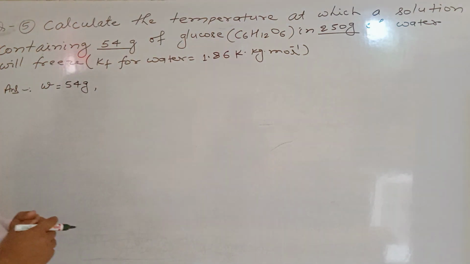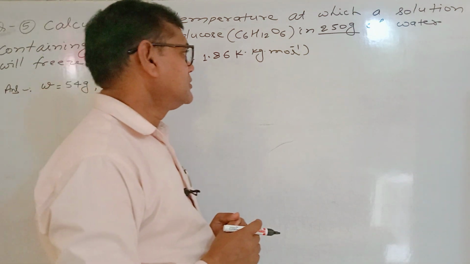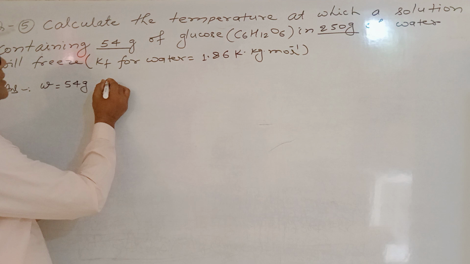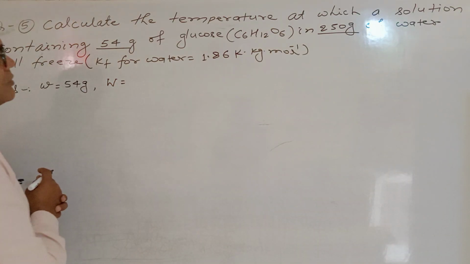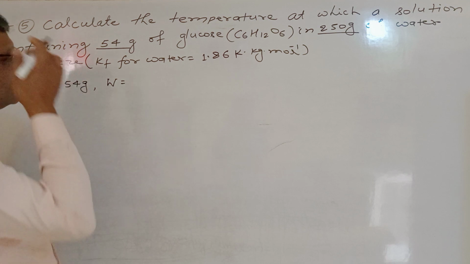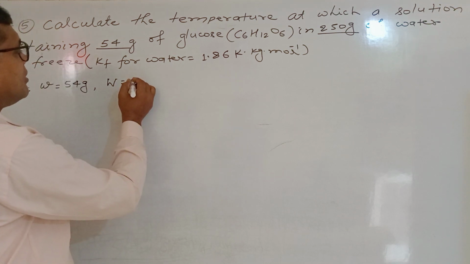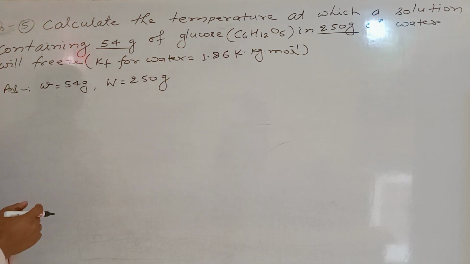Water is a solvent. It is present in the solution, 250 gram. The symbol of capital W indicates mass of the solvent. The value of capital W is equal to 250 gram.